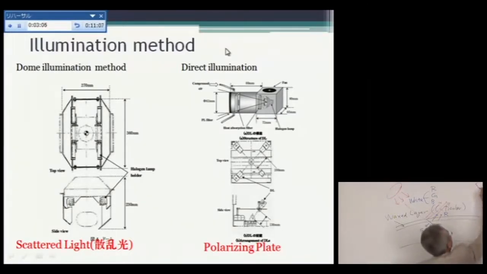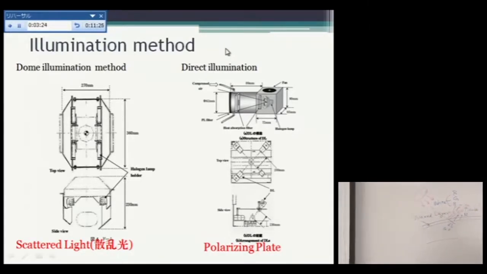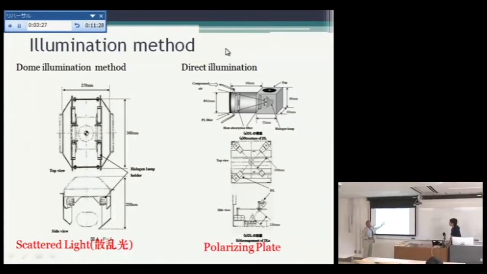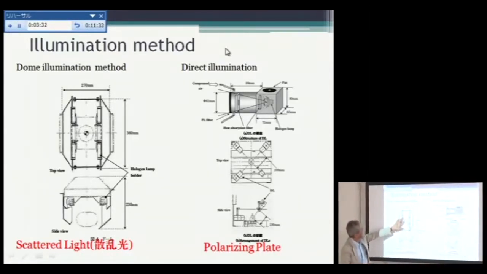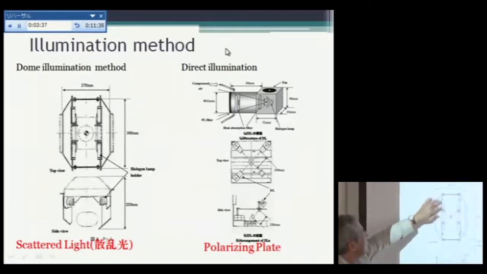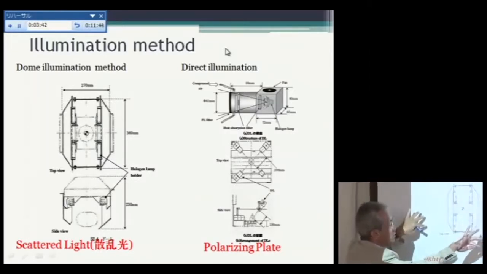Then the TV camera is here. But not only this reddish color, but also this very strong reflected light together enters in. That's not good. That's why they used this way or this way. The difference is, this light lamp, these 4 bulbs here, are facing to the wall.